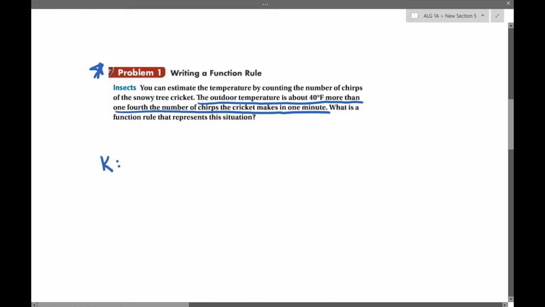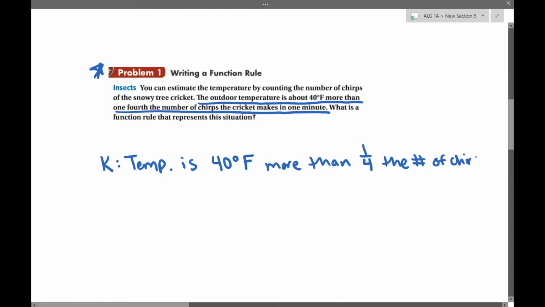So what we know, and everybody should be writing this down: the temperature is 40 degrees Fahrenheit more than 1/4 the number of chirps in 1 minute.